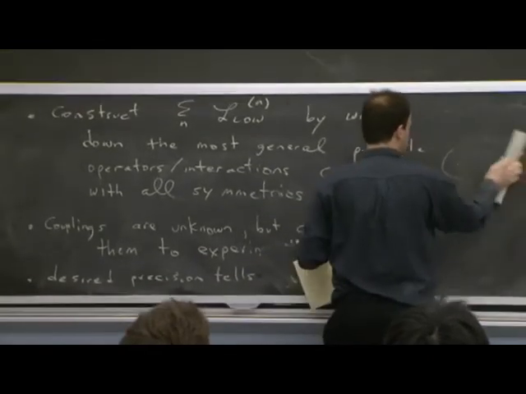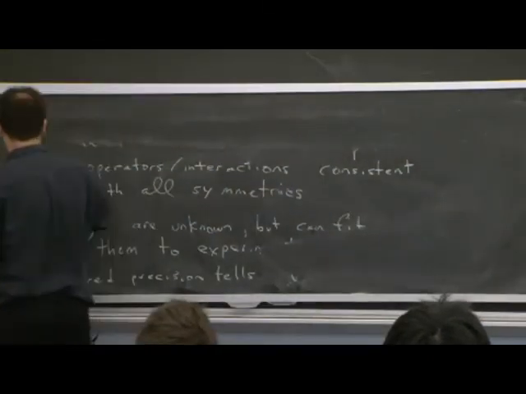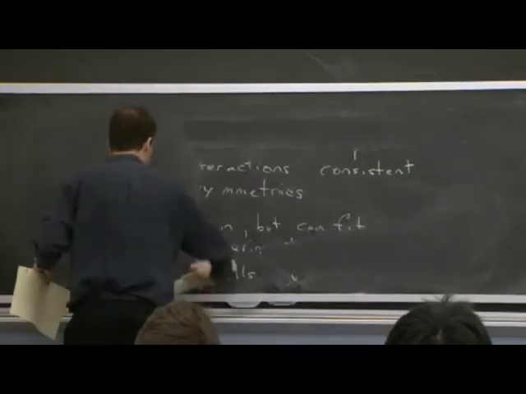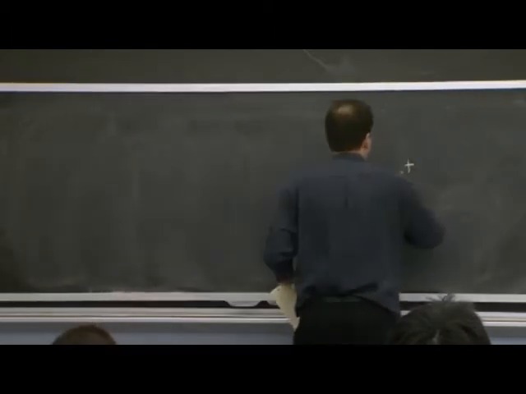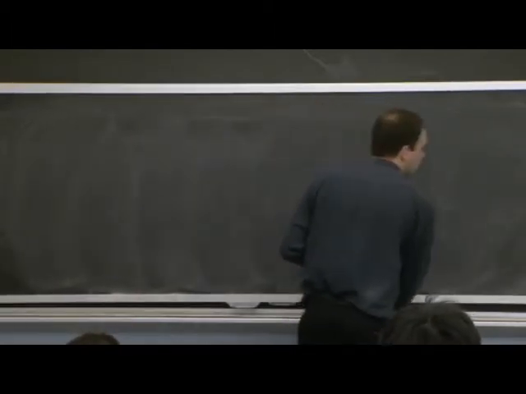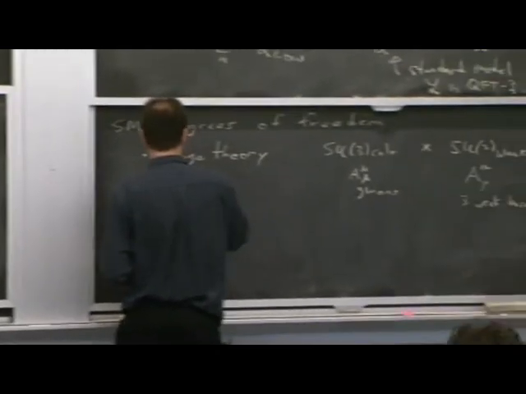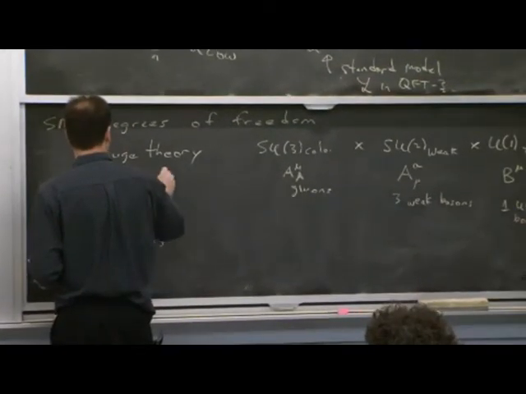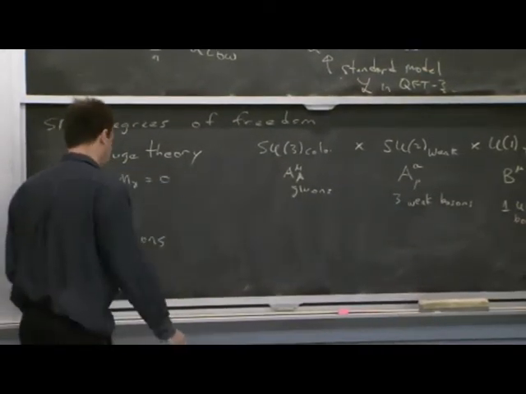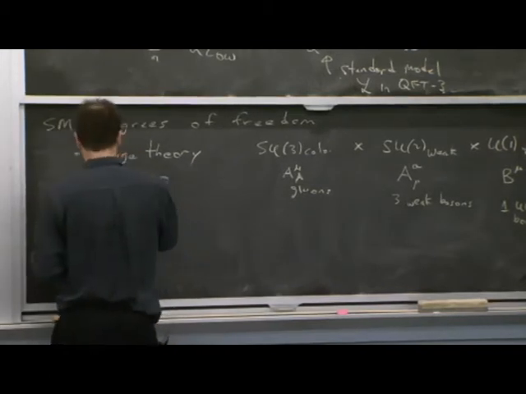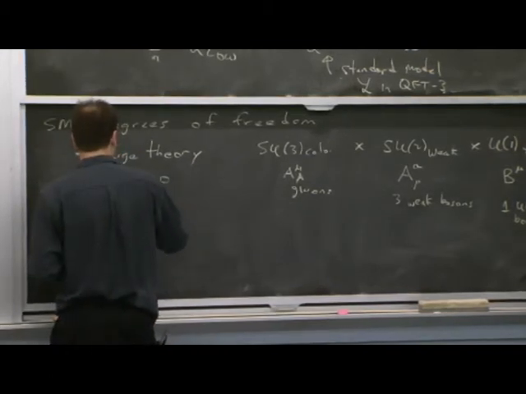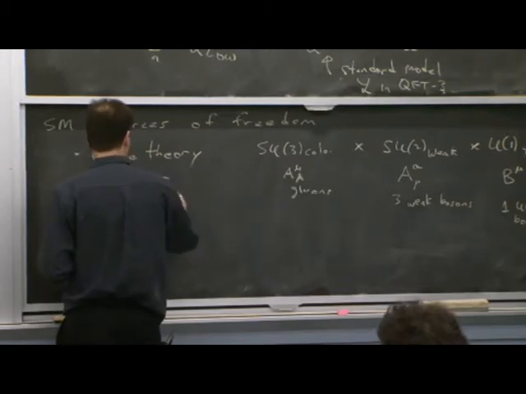So an important thing in thinking about this as an effective field theory is to note what the mass scales are. So maybe I should do that already here. Photons are massless. That's one combination of the weak and U1 boson. Gluons are massless. That's these guys.